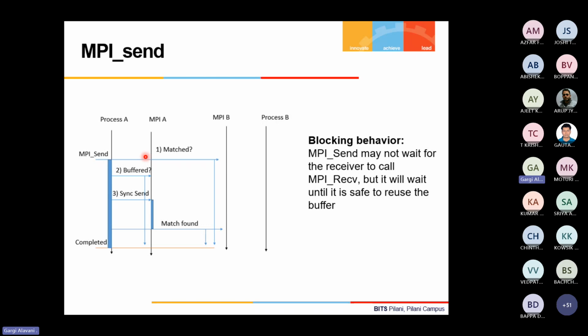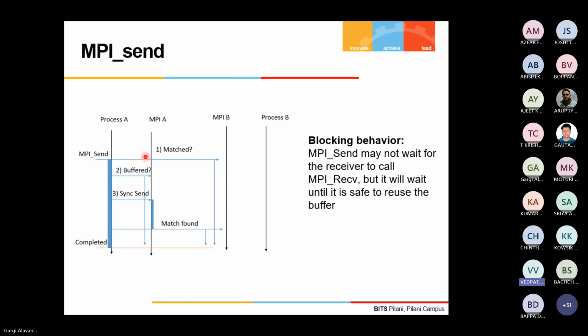Until it is buffered, process A cannot continue and do something else; it has to wait. As soon as the buffering is done, process A can start doing some other task. Now, if some other process is ready to receive at that time, it can receive the data. That's not a problem.